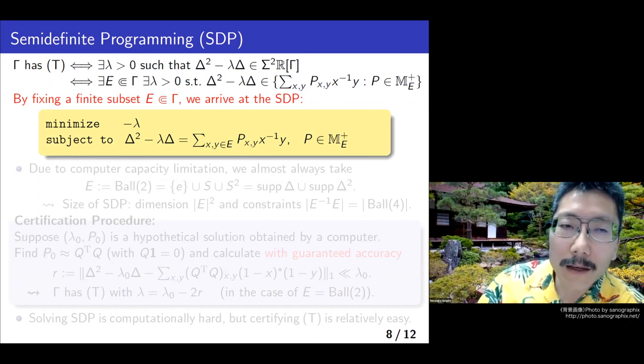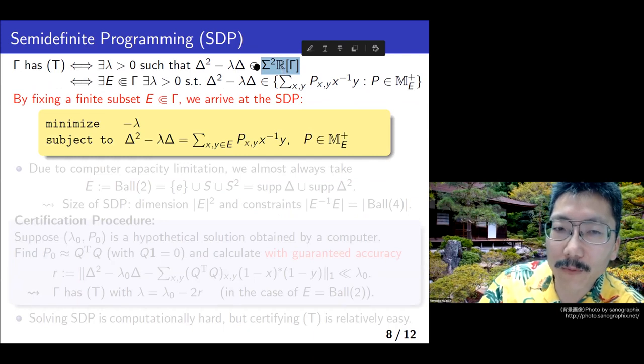Now, gamma has property T if and only if delta square minus lambda delta is in the sum of squares. This is an infinite problem, so we reduce it to a finite problem.